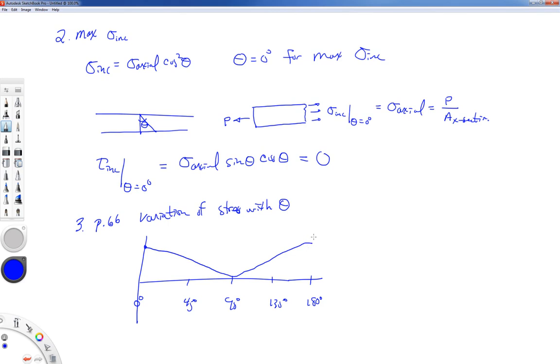And it's a very poor plot. It's supposed to be looking more like a sine. It's hard to draw on this tablet. It should look a little curvier like that, since they're sine wave functions and cosines that we're dealing with.